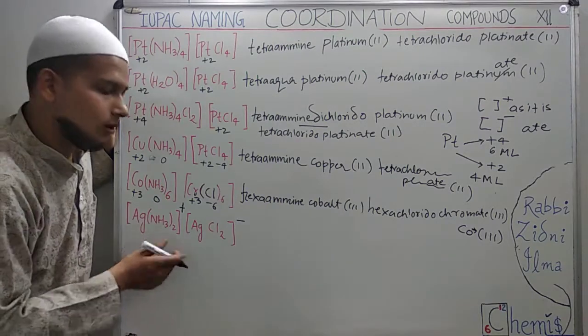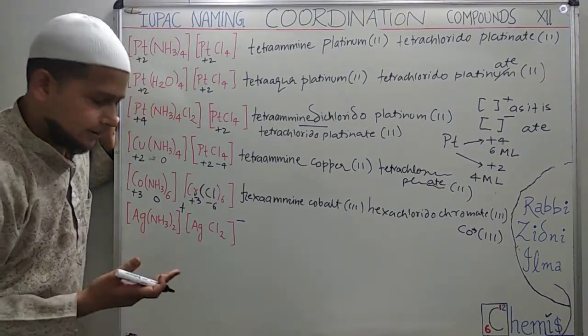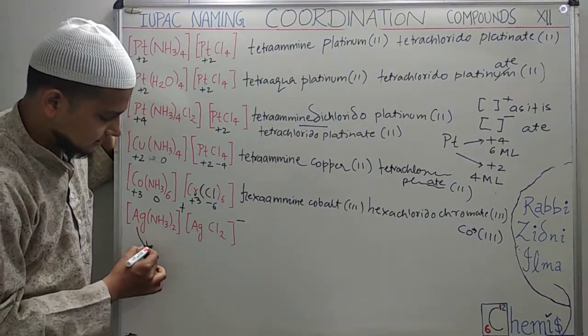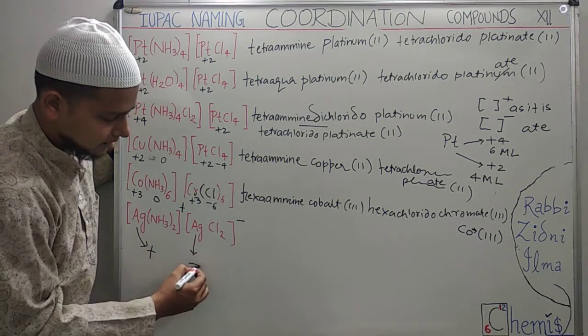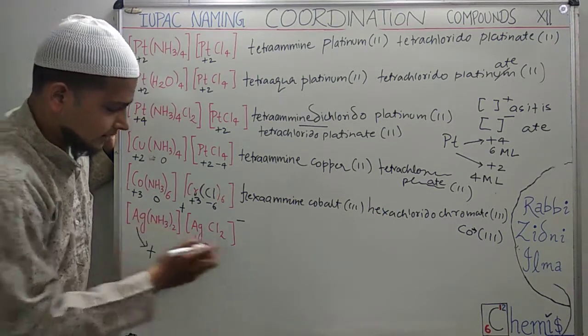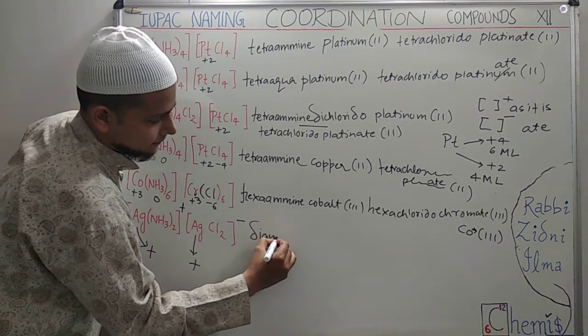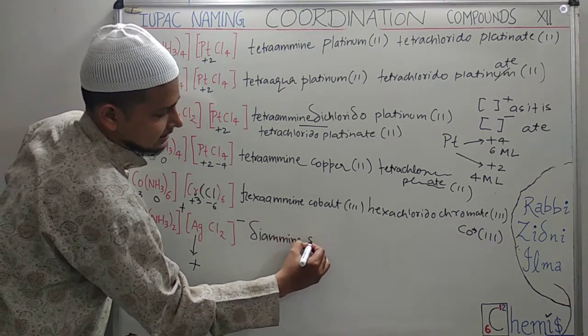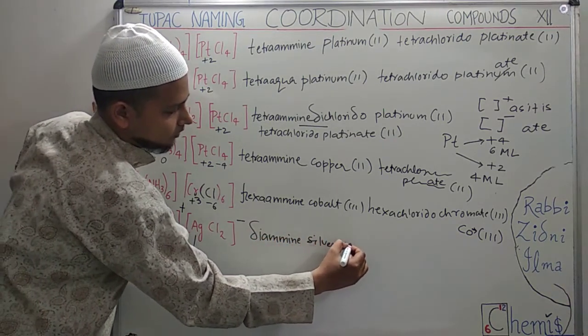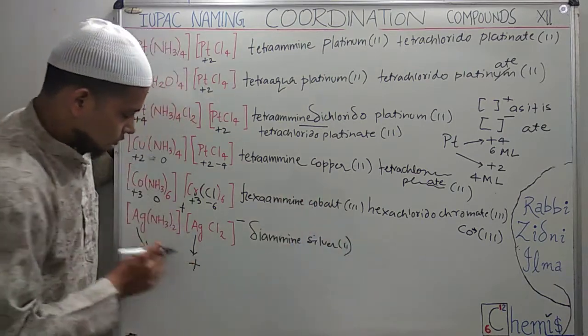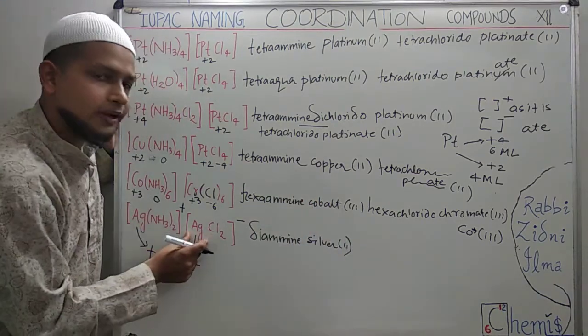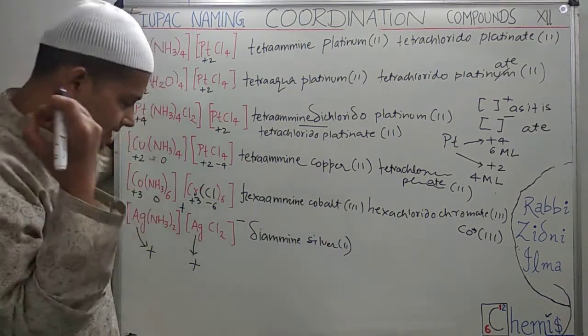The last case, the only case that has been asked in our examinations: Ag, the oxidation state is always +1. So diammine silver 1. So the first one is silver, the second will not be silverate, it will be argentate.